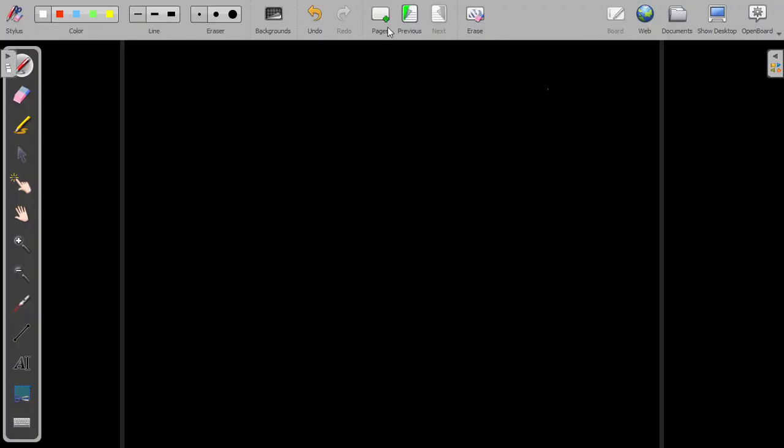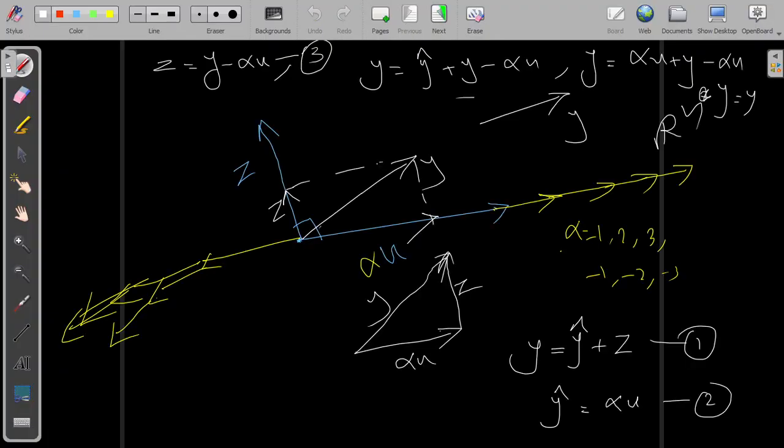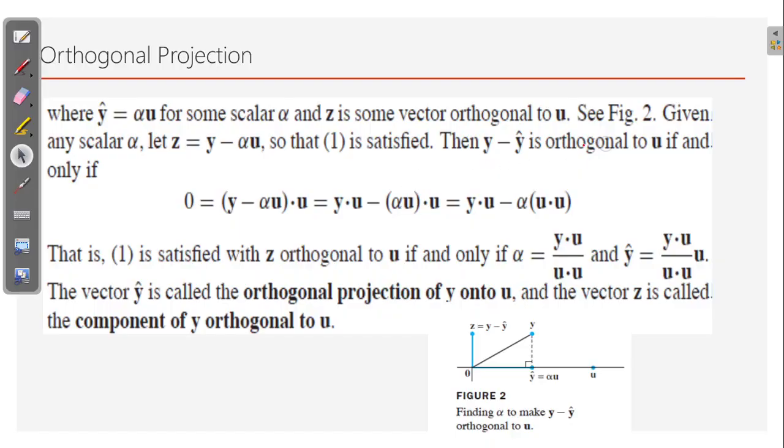So z is said to be orthogonal to y cap. That is, y minus y cap is orthogonal to your y cap, or alpha u, or you can say u, since alpha u and u are parallel to each other.